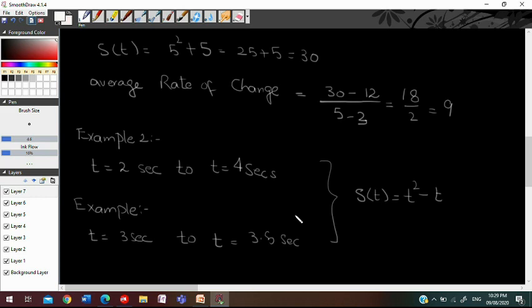The table which I'm going to construct for you is by taking small intervals, in the second concept, which is the instantaneous rate of change. In the previous three examples, the intervals are for big values, big intervals.